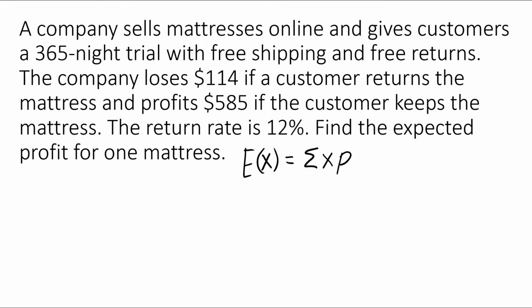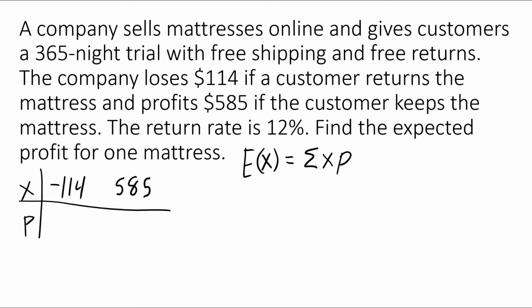So what we're generally going to do here is draw out a table with the x's and the p's. The x's, in this case, will be either the loss or the profit that the company makes. So the two different options are either the company loses $114, which is if the customer returns the mattress, or they profit $585, which is the other option.